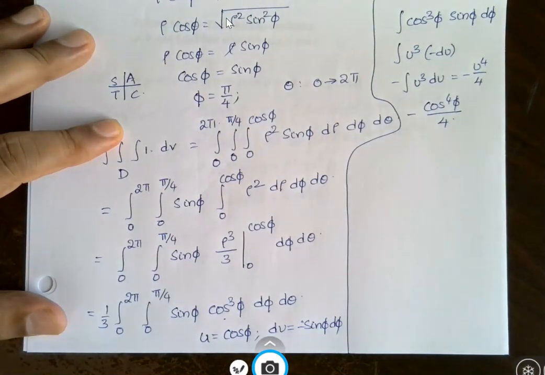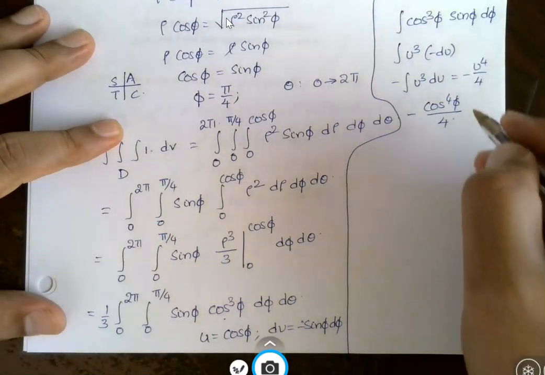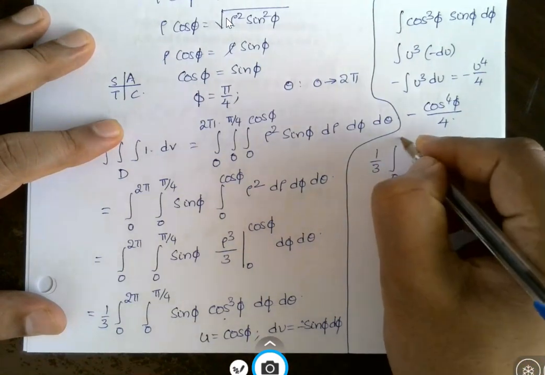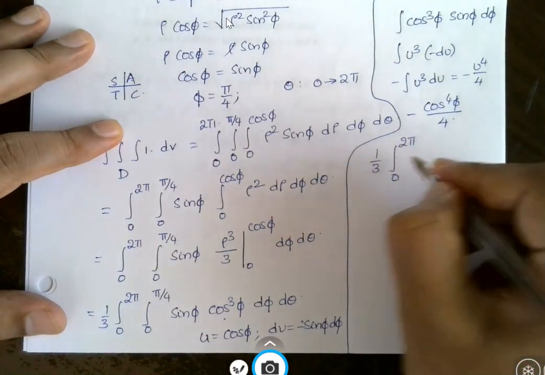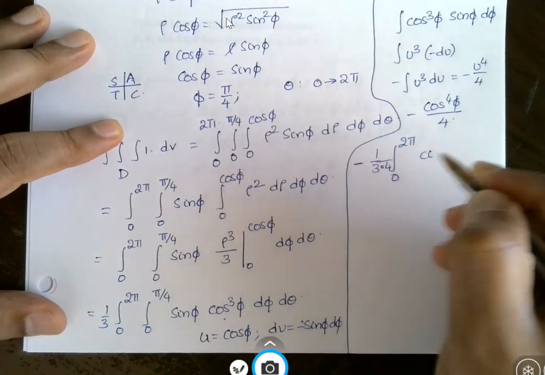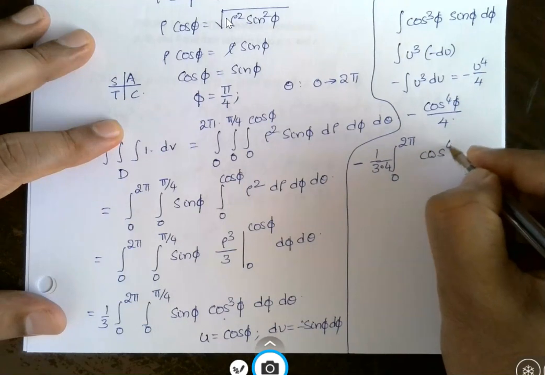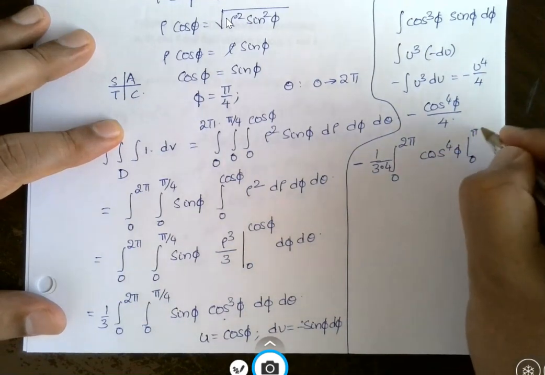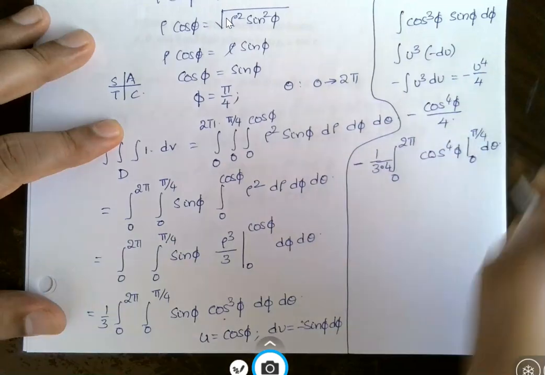Okay. So back substituting, with your limits of integration, you get 1/3 integral 0 to 2 pi, you get a minus sign and times 4 in the bottom also, and you get cosine to the 4 phi, where your limits of integration are 0 to pi over 4, and this is d theta.